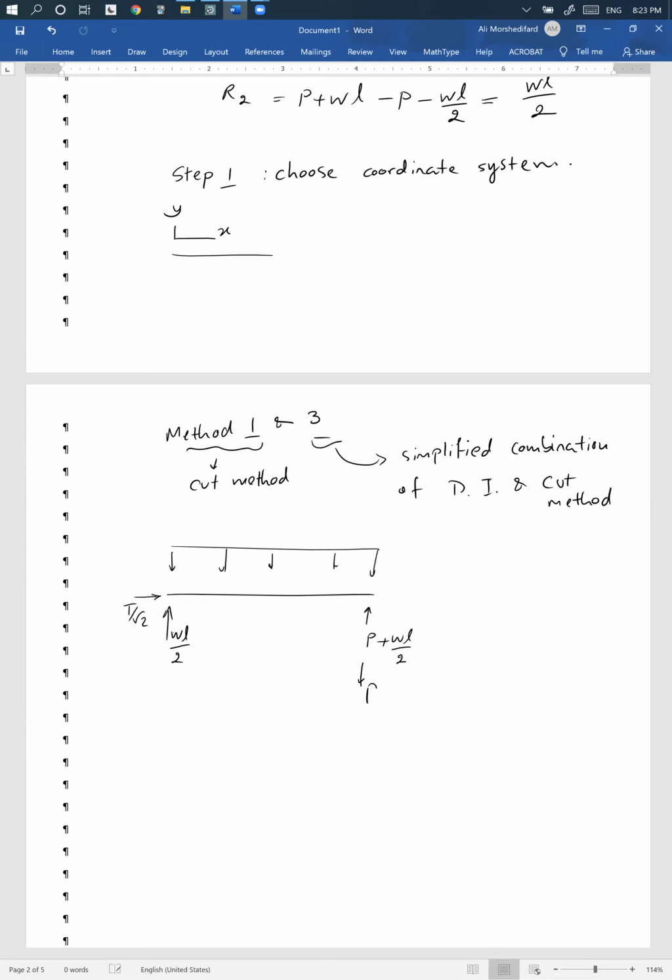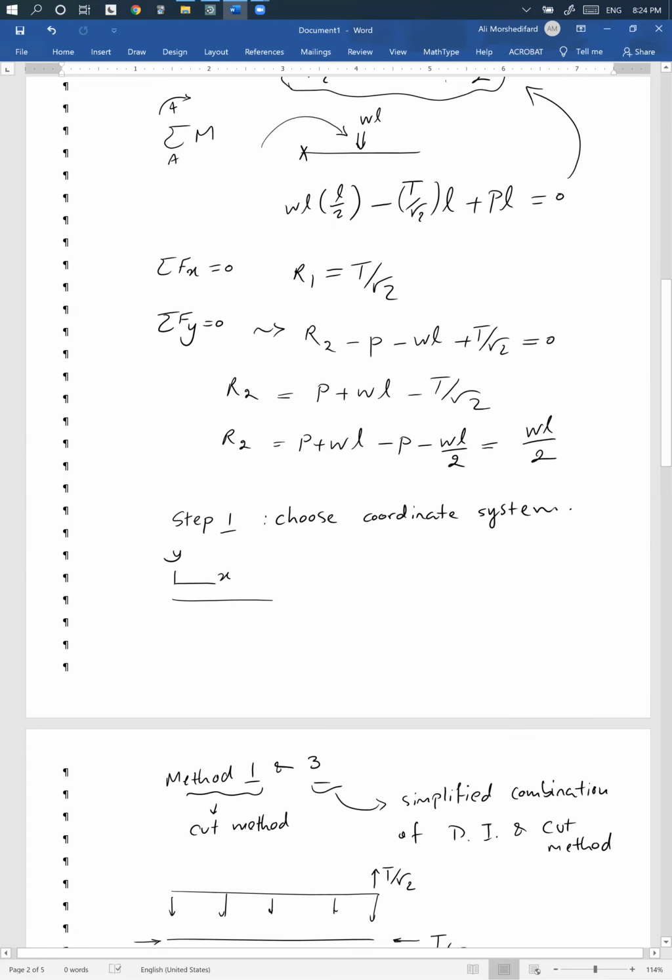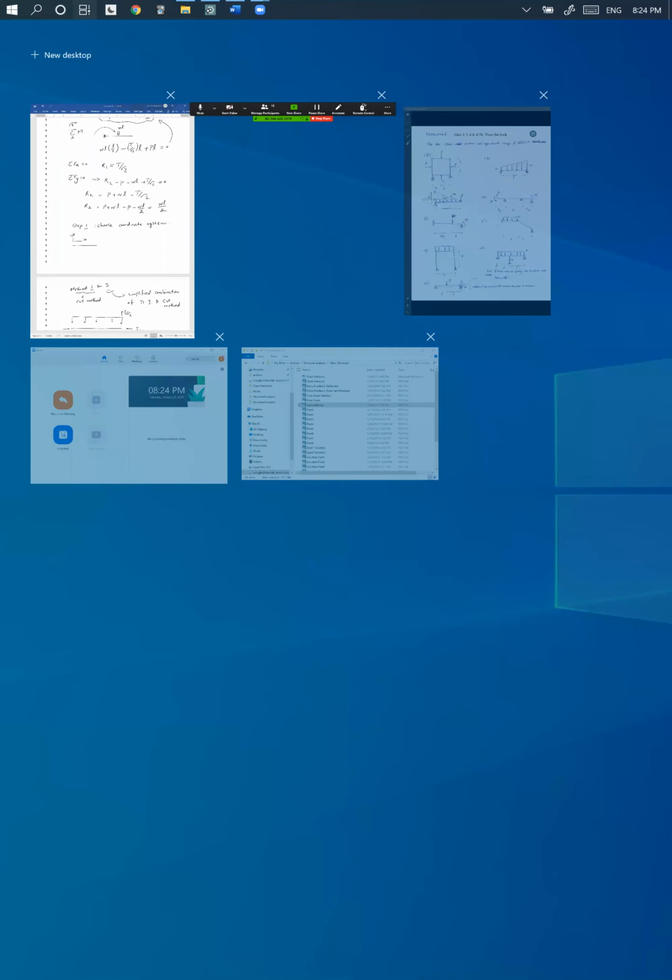There was one P here. What else am I missing? Okay, this is T over square root of 2, and I have another T over square root of 2 like this. And we found that T over square root of 2 is equal to R1, from here.